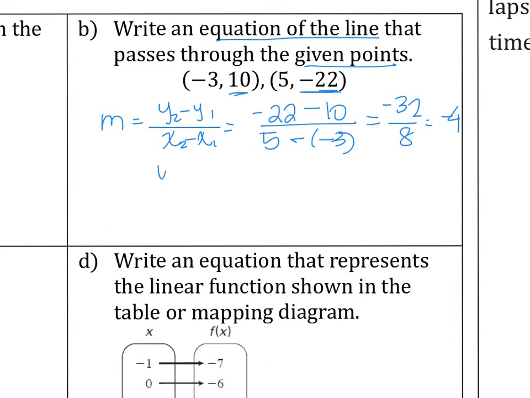And then y will equal negative 4x plus b. Now I'm going to choose an easy point, (negative 3, 10), and sub it in for x and y so I can solve for b to get my equation of the line. y will be 10, x will be negative 3.